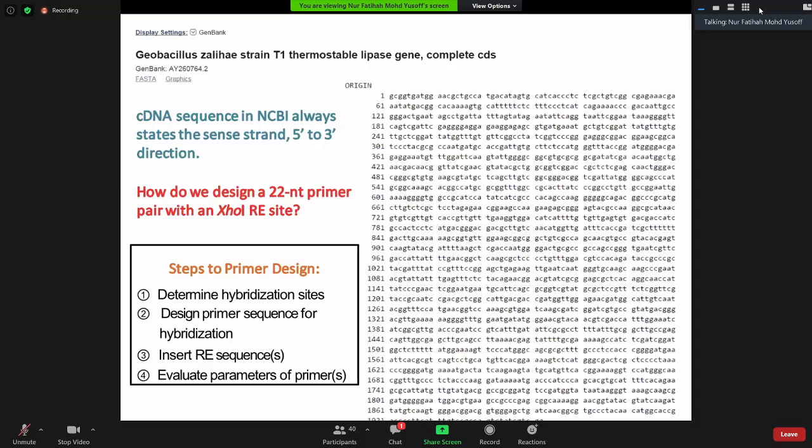But if your template is genomic DNA, you have to design the primer based on the genomic DNA sequence. How do we design a 22-nucleotide primer pair, where we want to insert the RE site, the restriction enzyme site? Determine the hybridization site, design the primer sequence for hybridization, insert the RE sequence, and evaluate the parameters or properties of the primers.